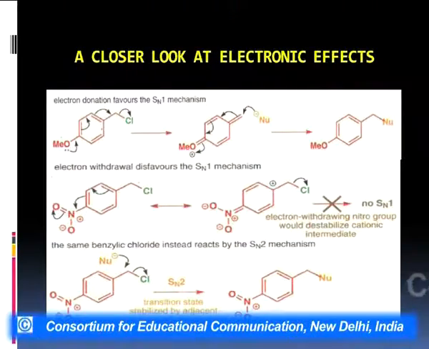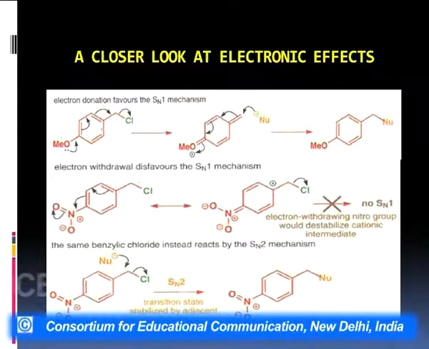Whereas if we look into the second example where we have a nitro group, this nitro group is an electron withdrawing group. Since it is an electron withdrawing group, it will withdraw the electrons from the carbon, thereby destabilizing the carbocation formed.